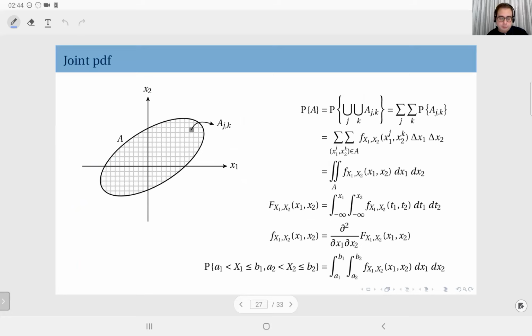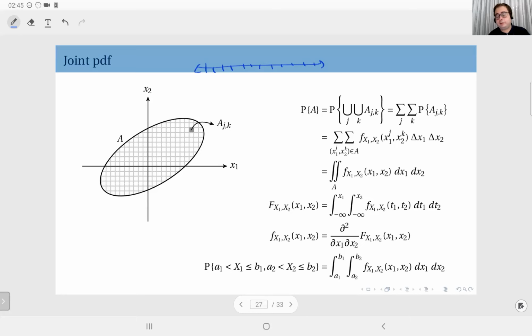Okay, so to define joint PDFs, we first of all, again, as we did with continuous distributions, discretize the space into small grids. In the real line, what we did was discretize it into small slots. But here we have a grid in 2 dimensions.